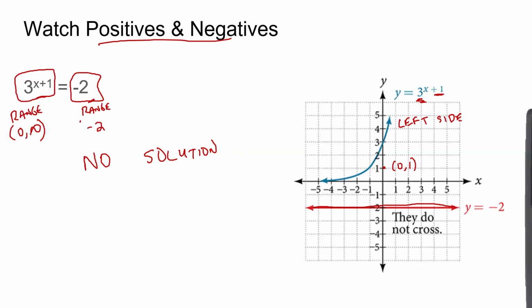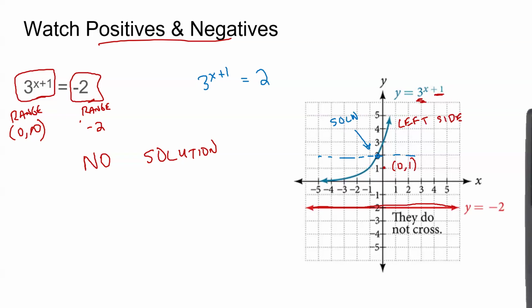And there's nothing that is shared there. If we didn't have the negative sign, here's a slightly different problem. Here's 3 raised to the x plus 1 equals positive 2. That would create a line that goes across here, and I would have a solution, okay? And I could find that, but you're not going to get one here, okay?